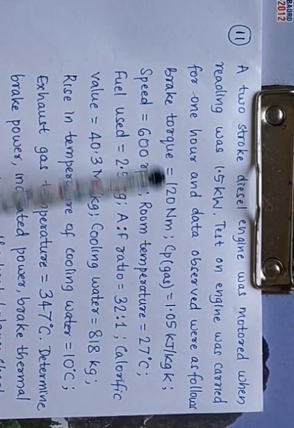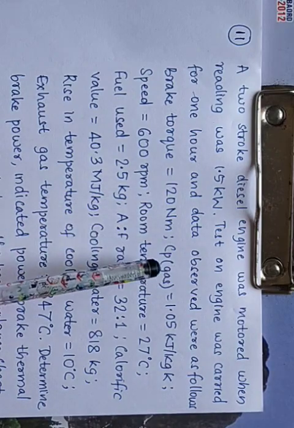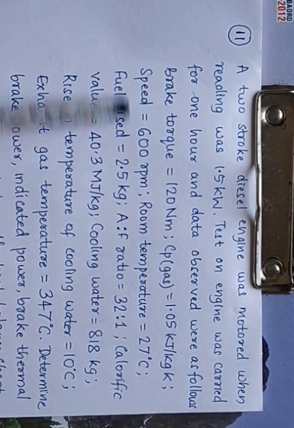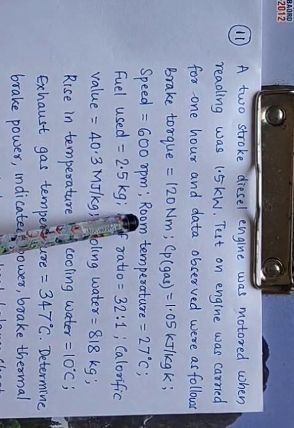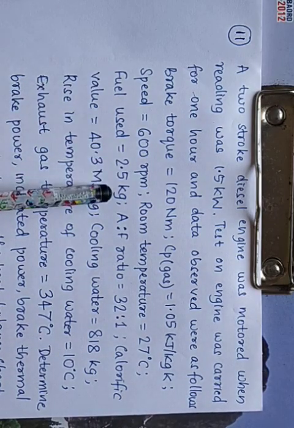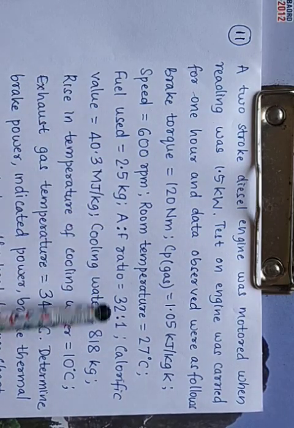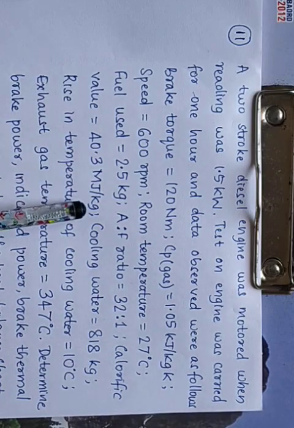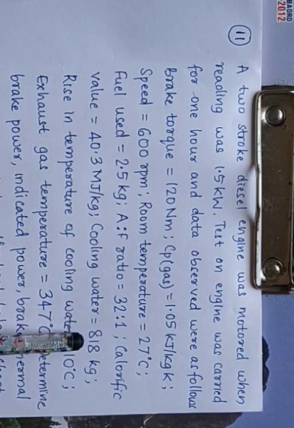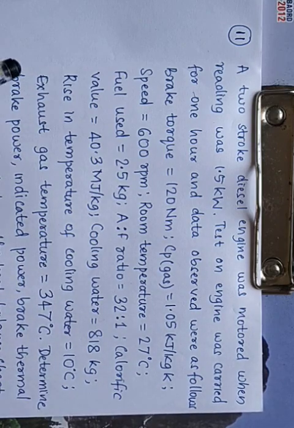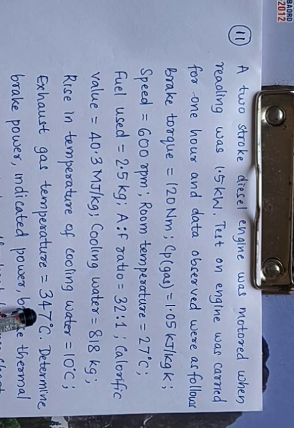Brake torque 120 Newton meter, CP of gas 1.05 kilojoules per kg Kelvin, speed 600 rpm, room temperature 27 degrees centigrade, fuel used 2.5 kg, air fuel ratio 32:1, calorific value 40.3 megajoules per kg, cooling water 818 kg, rise in temperature of cooling water 10 degrees centigrade, exhaust gas temperature 347 degrees centigrade.